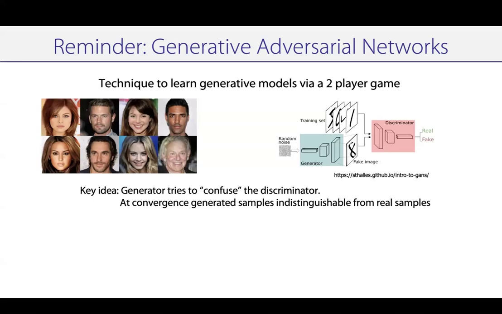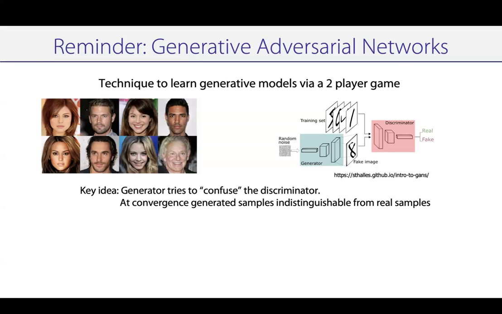That's the intuition. At convergence, your generator is going to completely confuse the discriminator, so your images are indistinguishable as a distribution from real images. The argument is that if you can do that, then you've figured out the distribution of real data.